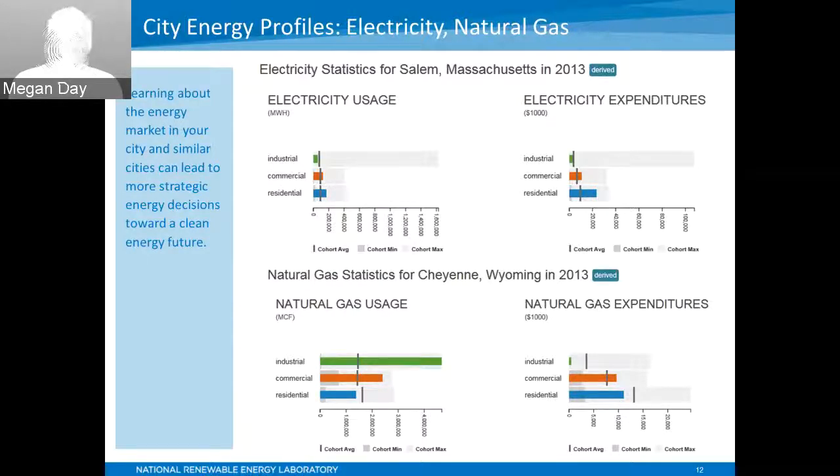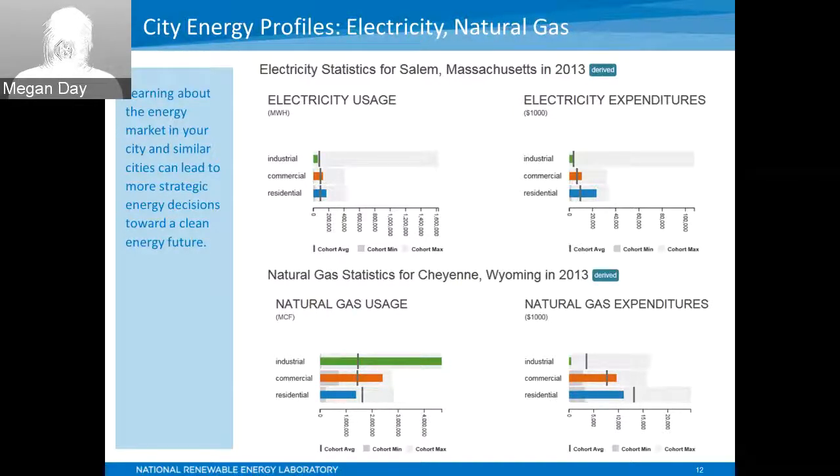So here we're showing the electricity usage and consumption and expenditures, as well as natural gas usage and expenditures. And so we've modeled this by creating a different methodology for each sector, industrial, commercial, and residential, and taking all of the data publicly available in this case to model this energy consumption and also the utility rates, so that we can parse out how much people are spending by basically modeling it all the way down to the census tract level.